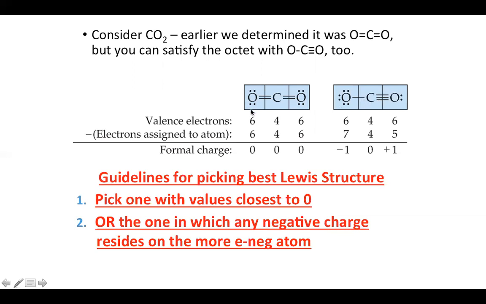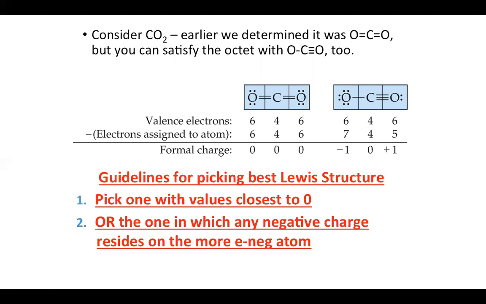So if we look here at this oxygen in the left structure, oxygen has 6 valence electrons. There's 2, 4 lone pair electrons, so 6 minus 4, and then minus 2 more because of these bonds. That gives a formal charge of 0. If we do a similar thing for carbon, its formal charge is 0. And then for the right oxygen, its formal charge is also 0.